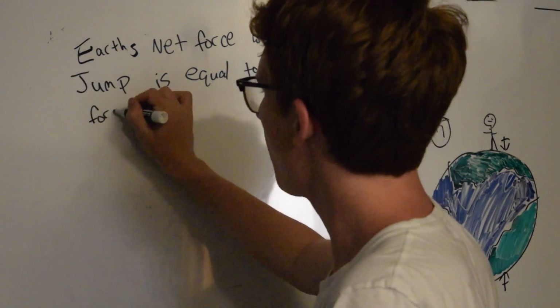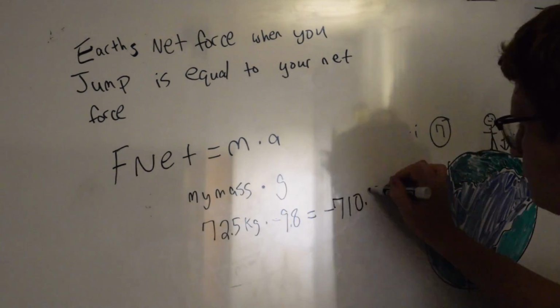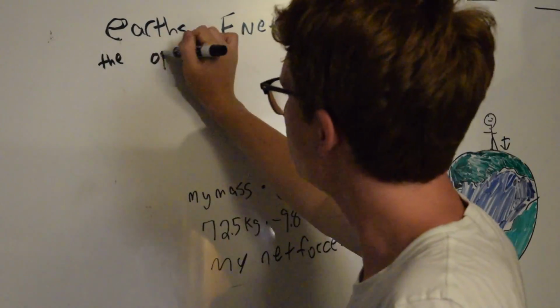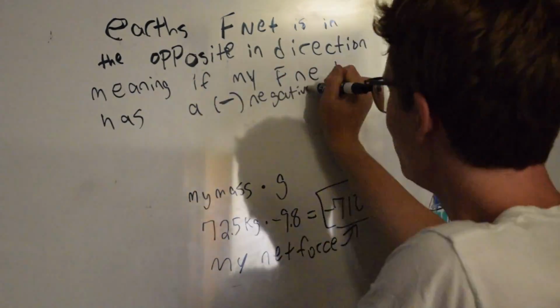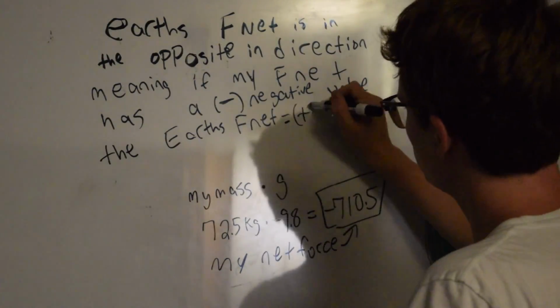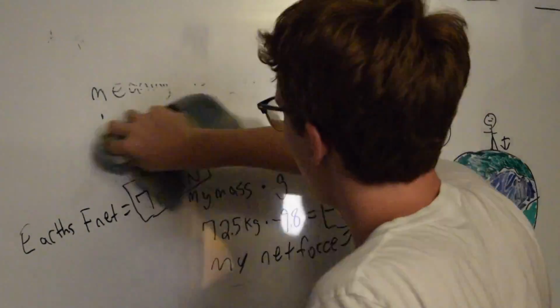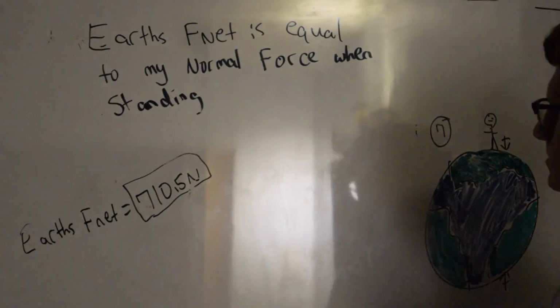And there's an equation to do this, or we can do this an easier way, because Earth's net force is equal in magnitude to my net force I feel in the air, except in opposite directions. Meaning that Earth's net force to me when I'm in the air will be a positive value while mine is negative, which is why Earth and I are brought together when I jump.